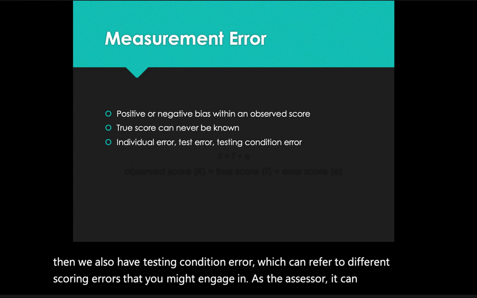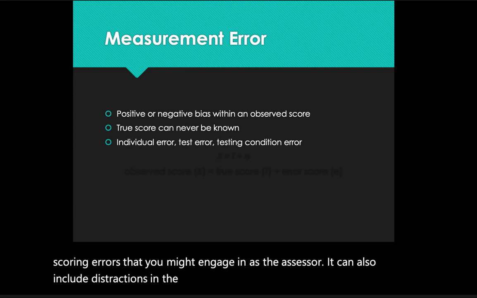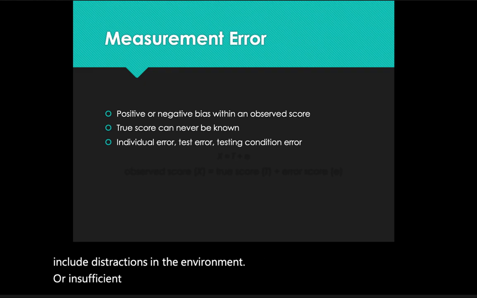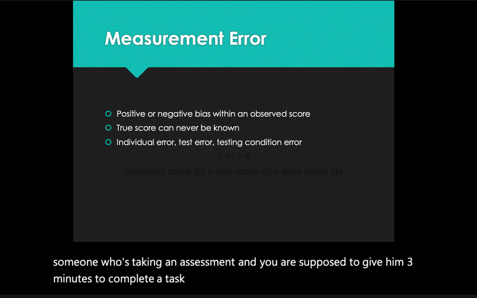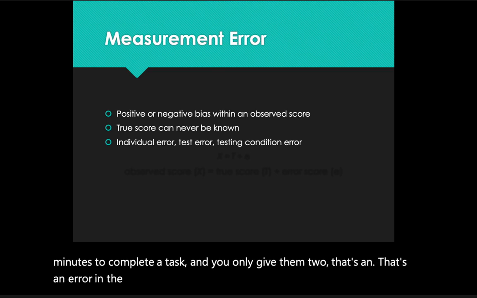It can also include distractions in the environment, or insufficient administration time, or a noisy agency. So if you are supposed to give someone 3 minutes to complete a task and you only give them 2, that's an error in the testing condition.